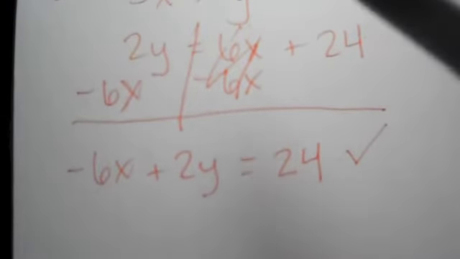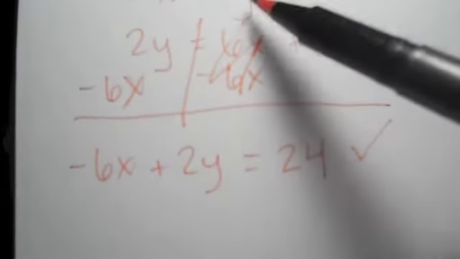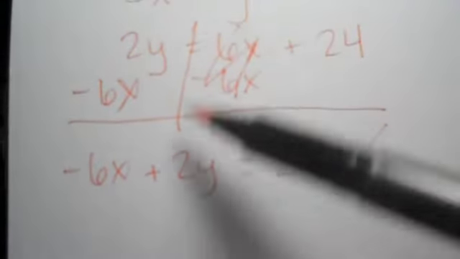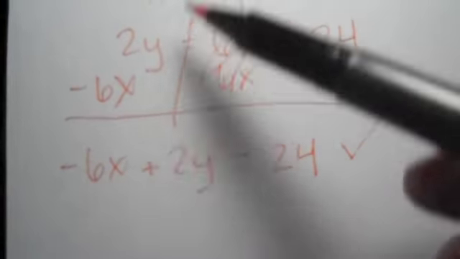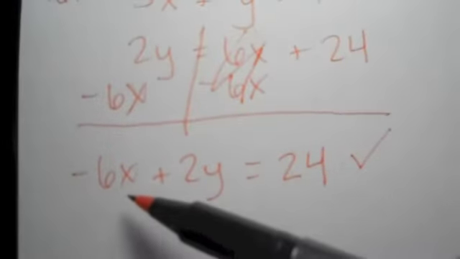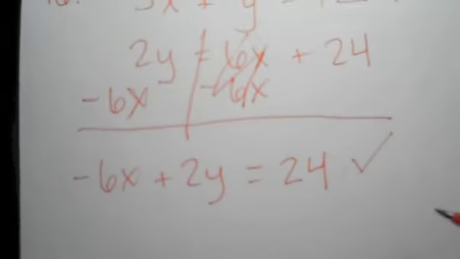Well, we need to choose either the x or the y to make sure that they have the same coefficient with opposite signs. I like that the x already has opposite signs, so I'm going to choose the top equation. I'm going to multiply it by 2.